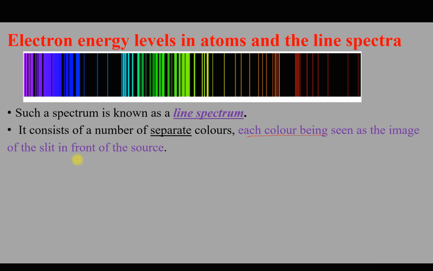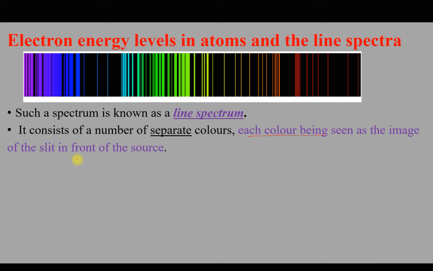Remember, we have passed the light through a diffraction grating. If the light from the source was simply white light, when it is passed through a diffraction grating, we would see a continuous spectrum as we saw earlier on.